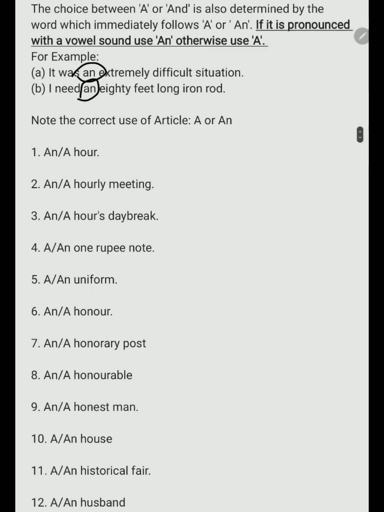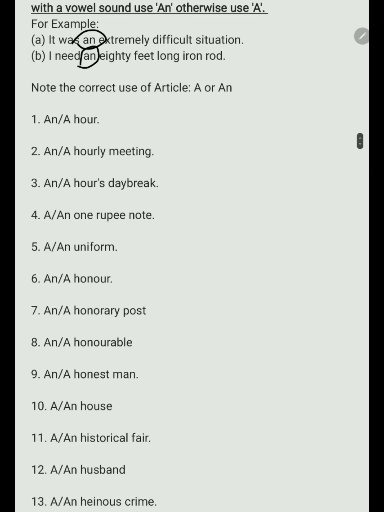All right. So let us see some more examples. Now you tell me, will I use an hour or a hour? Well, we will use an and not a. Why? Because I am saying hour. Now, will we use an hourly meeting or a hourly meeting?